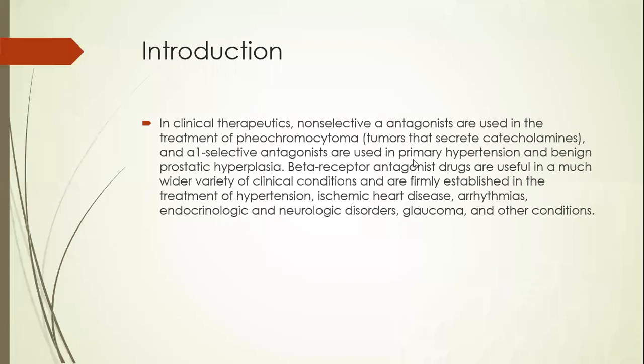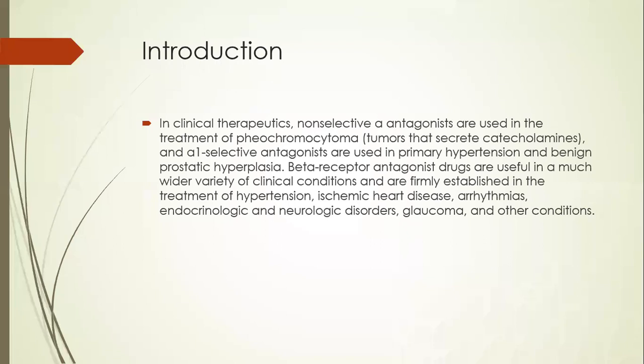Pheochromocytoma results in a really high production of epinephrine and norepinephrine. When there are higher amounts of epinephrine and norepinephrine in our body, it results in many different changes.